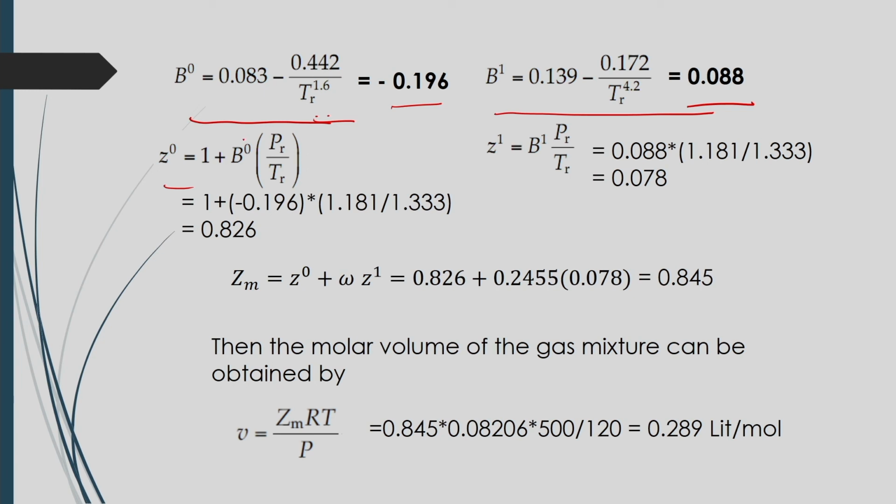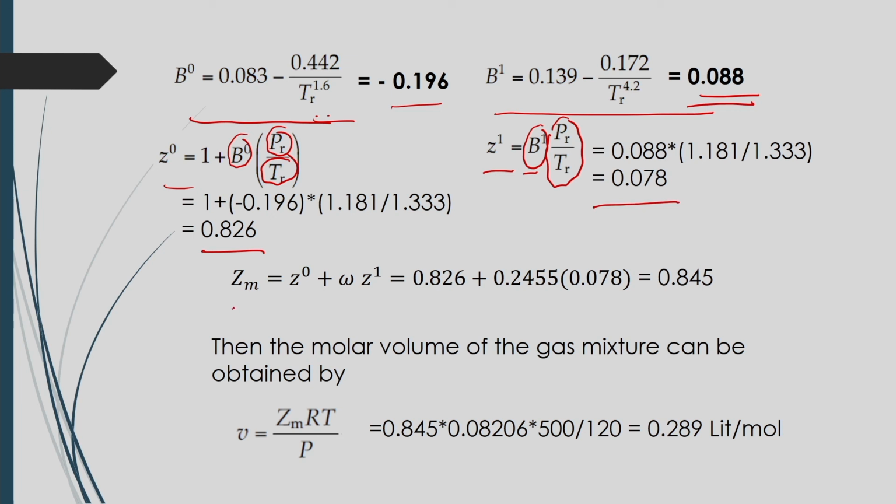If you substitute the value of B0 and this PR and TR here, you can simply get the value of Z0 as 0.82. Similarly, you need to calculate Z1, which is B1 into PR by TR; B1 you have already calculated. If you substitute B1 and PR and TR here, you can get the Z1 value.